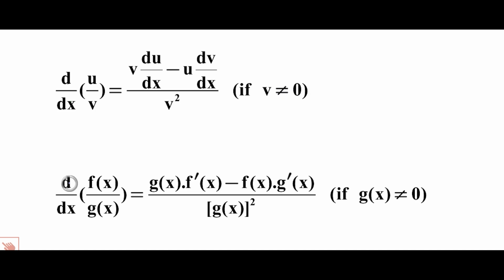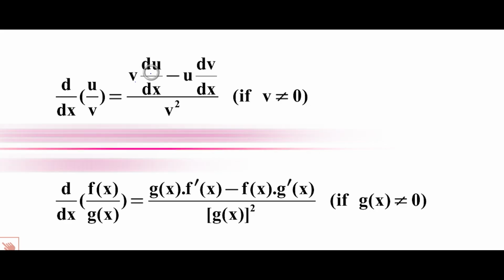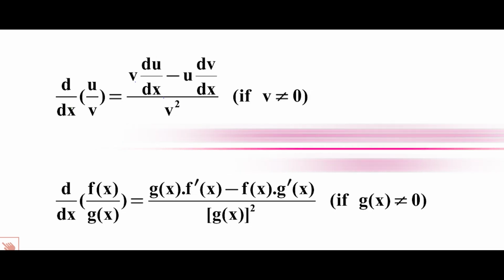Or the derivative of f over g is equal to g times f prime of x minus f of x times g prime of x, over g of x squared, if g of x is not equal to 0. And if you want to remember, it goes something like this: low d high minus high d low over low low.